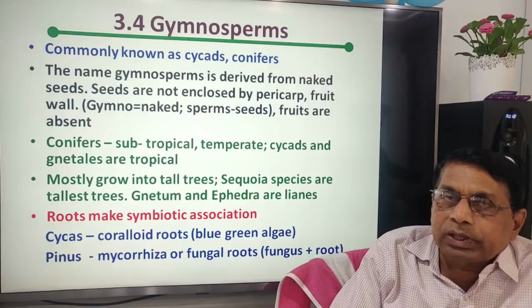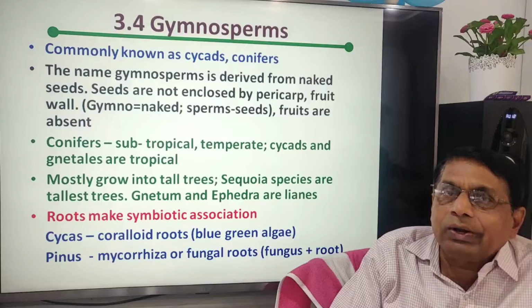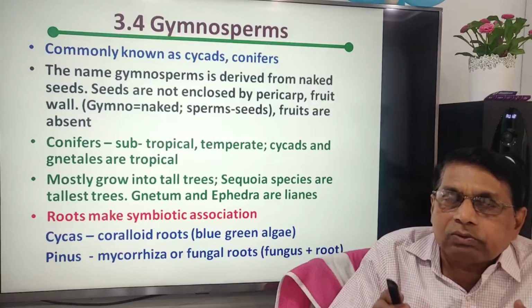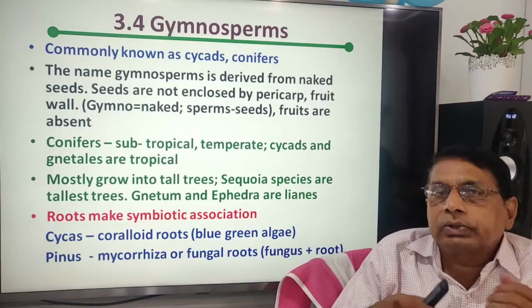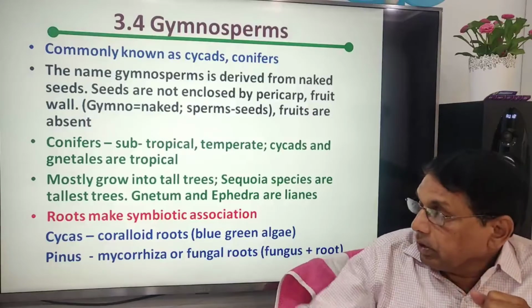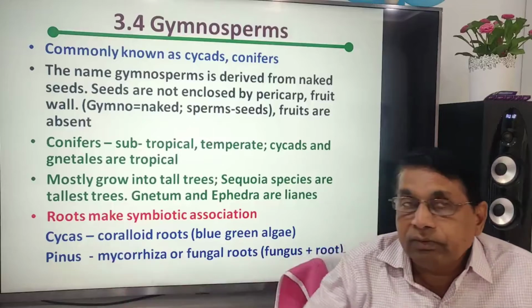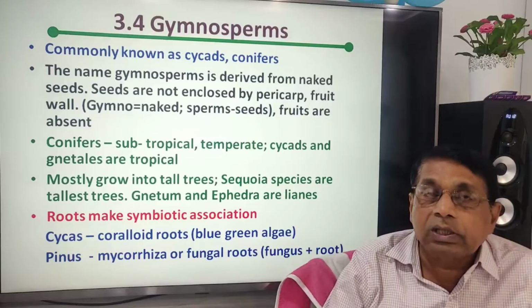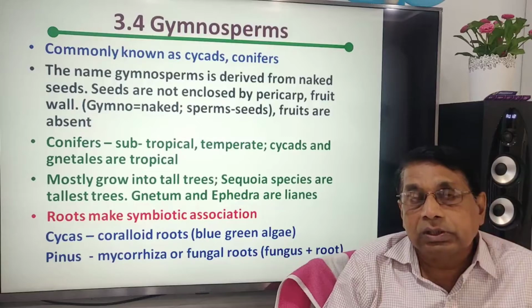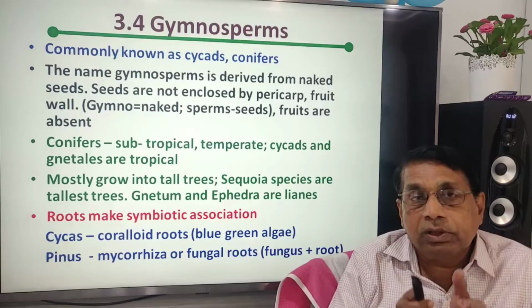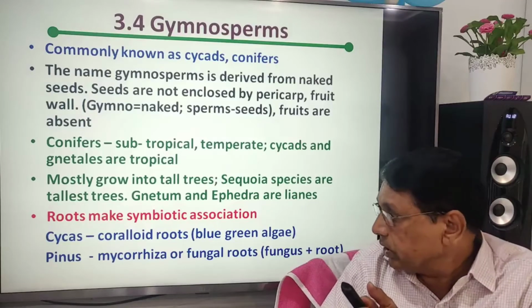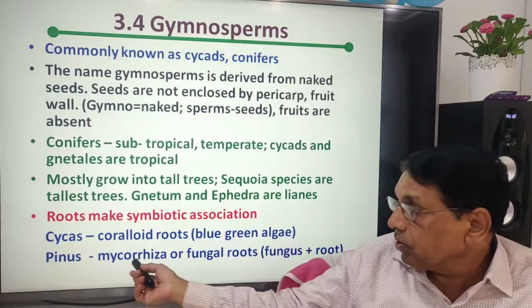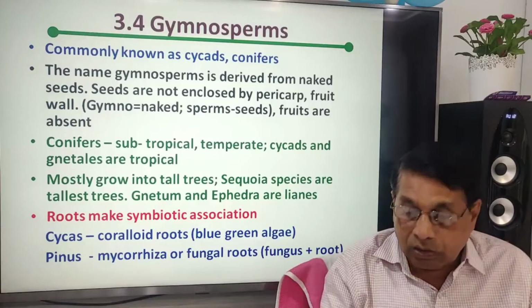For example, in cycads there is a type of root known as coralloid roots. In the cortex of those roots, blue-green algae fix nitrogen. Another symbiotic association is in conifers, for example Pinus, where we can see mycorrhizal association, a symbiotic association between the plant root and a fungus. These are also called mycorrhizal roots, or fungal roots.